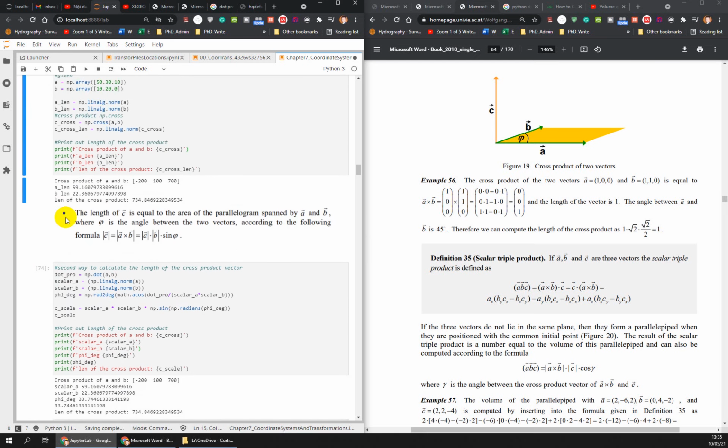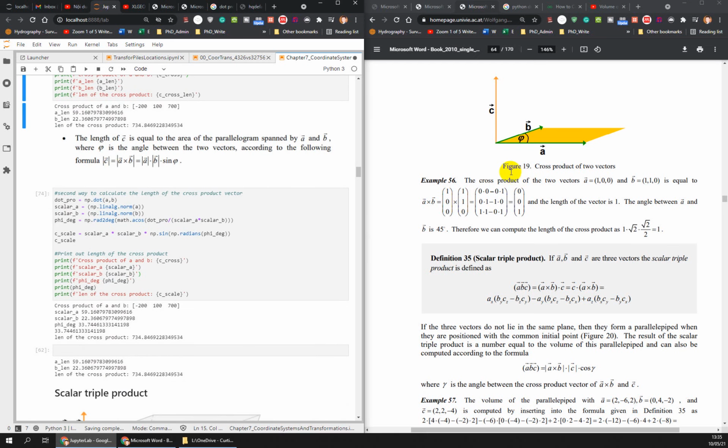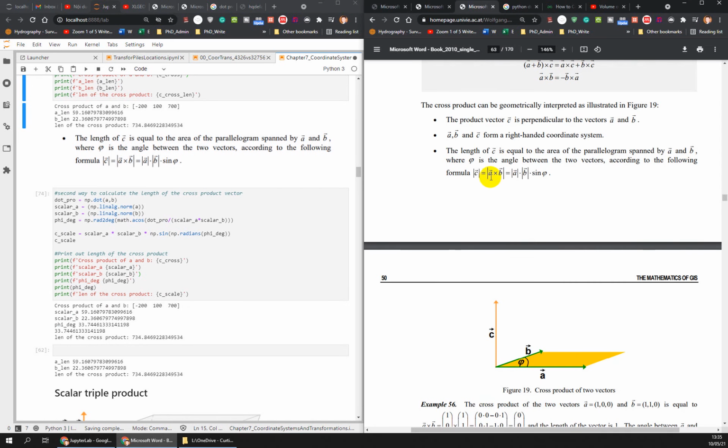We have a second way to determine the length of C using this formula.